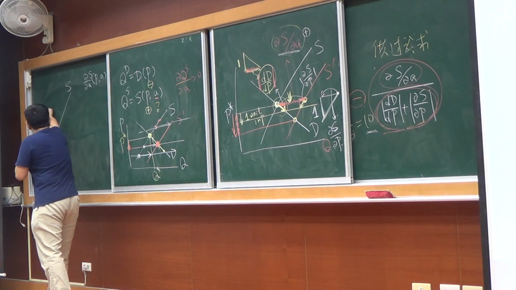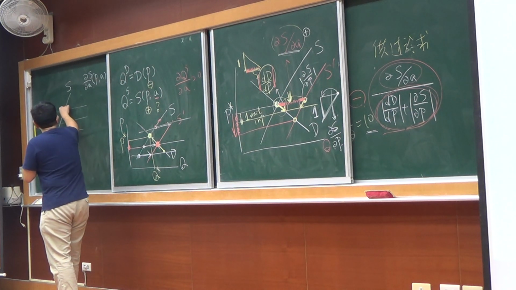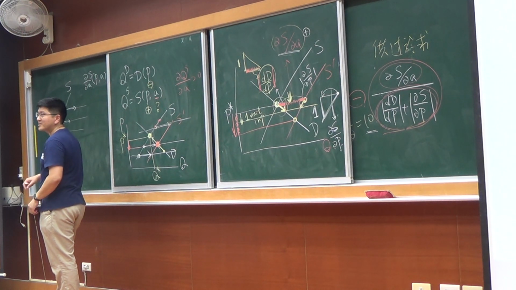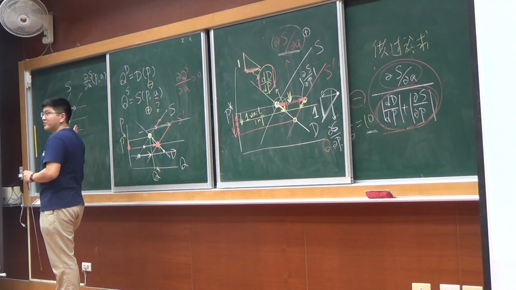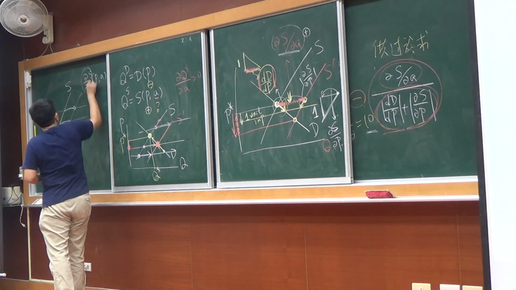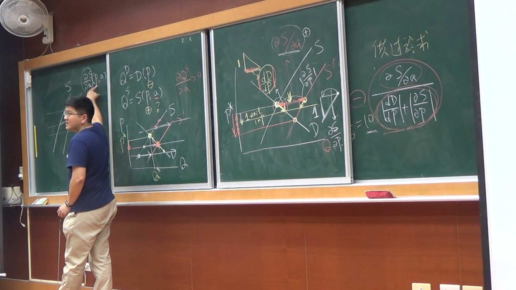So given different price, the size of the change may be different. But we just assume it's a parallel shift, which means this will not be affected by P. Okay?